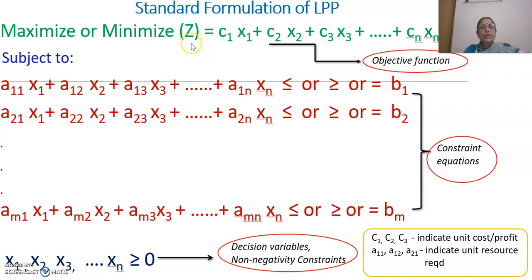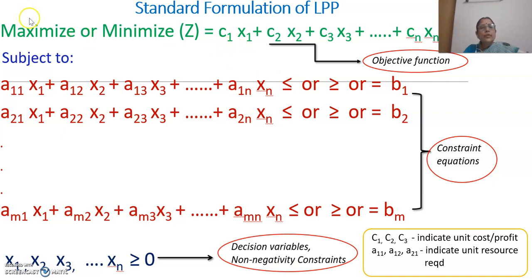Maximization will come when it is relating to profit or gain or benefit, and minimization will come when it is relating to cost or time or loss, which is equal to C1 x1 plus C2 x2 plus C3 x3 etc. up to Cn xn, where x1, x2, x3 up to xn indicate the decision variables in the problem, and C1, C2, C3 etc. up to Cn indicate the unit cost or unit profit as the case may be.